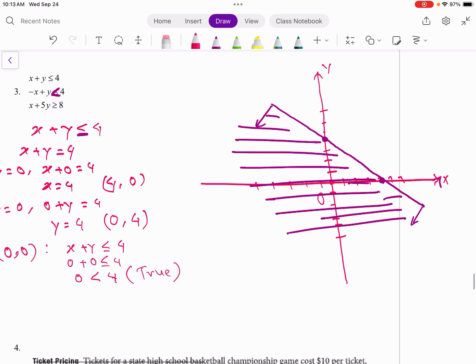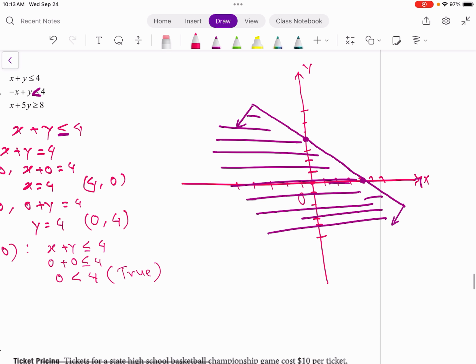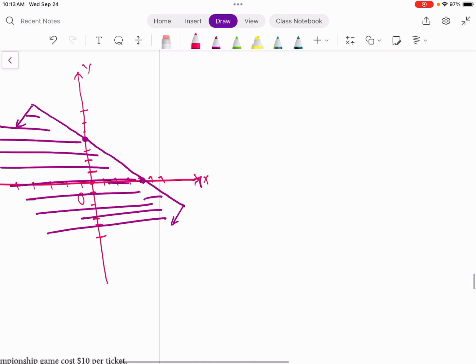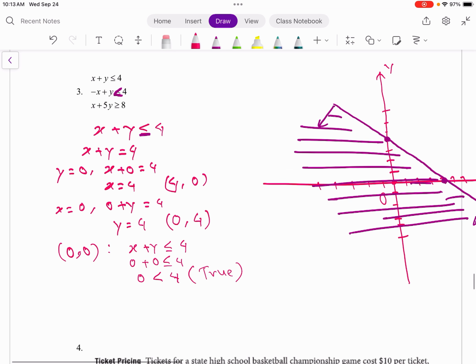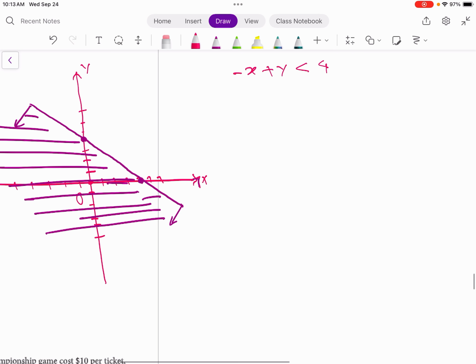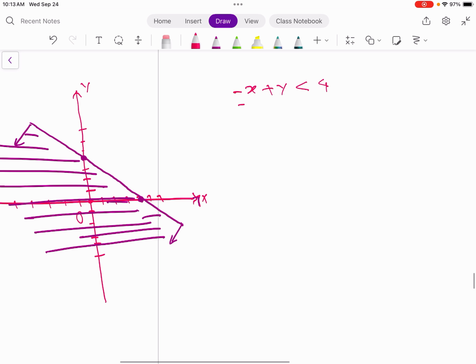So the next inequality is negative x plus y less than, is it 4? Okay, yes. So you replace your inequality by equals to sign, we get a linear equation.